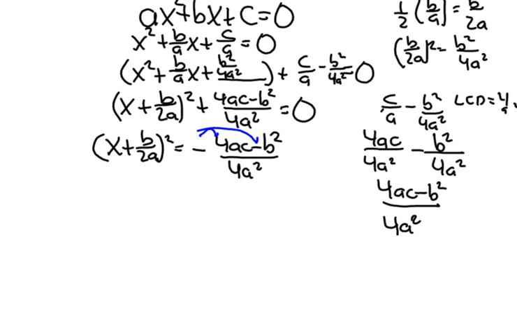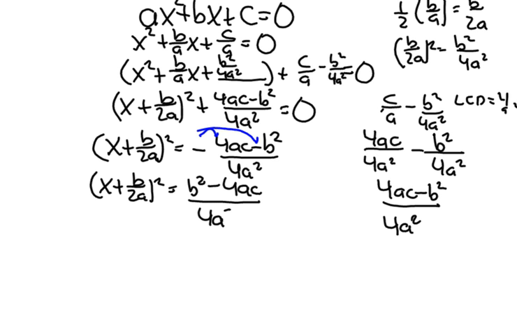So I will do that, but I'm also going to switch these two terms around. So a negative and a negative, that's a positive: b squared minus 4ac all over 4a squared.